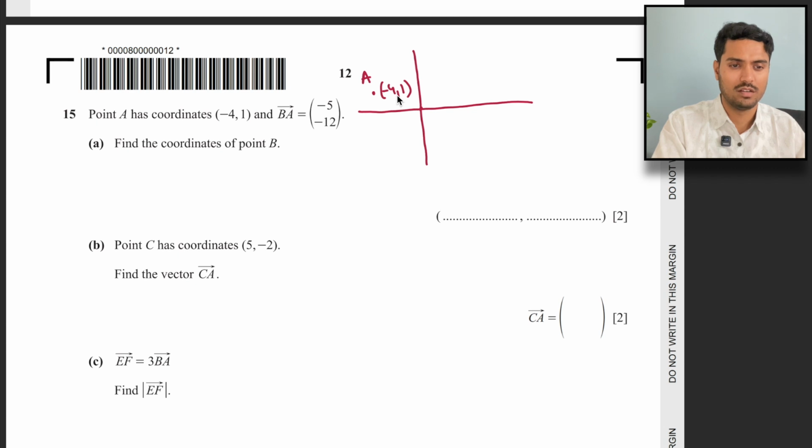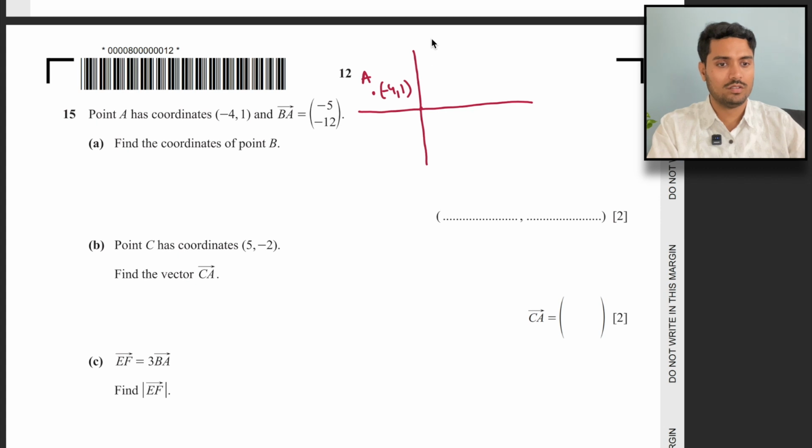get negative 4 and 1. So B will be somewhere here, so that 1 unit here and 4 units here, that's our total 5 units, and then 12 units down to reach 1.